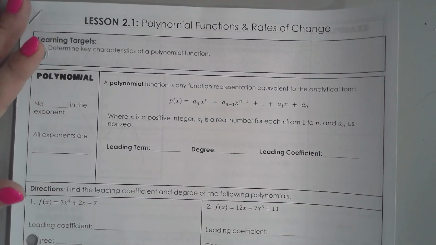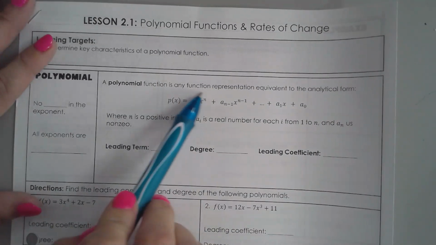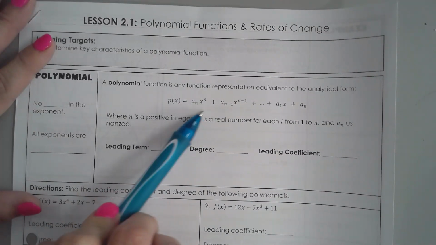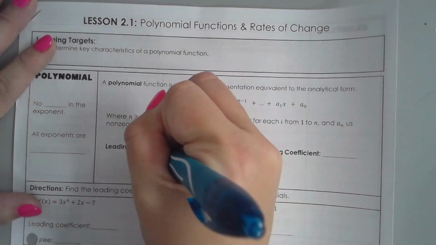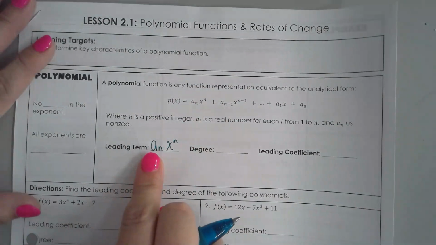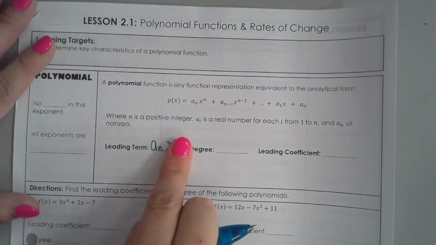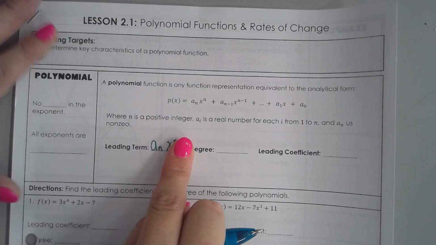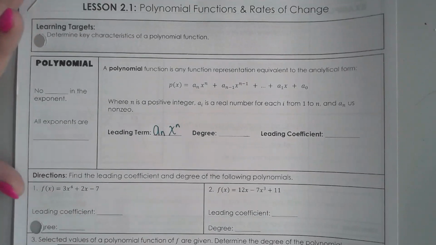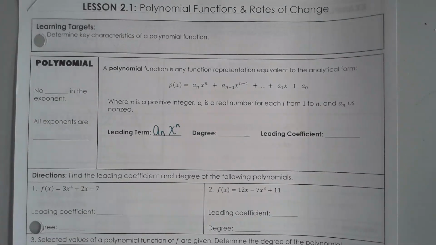It's basically the term that has the largest exponent. So in this case, this whole thing right here in general is the leading term. So it's some number x to some exponent. We're going to look at this in general. Once we get to examples where it's just numbers, it'll be a lot easier.